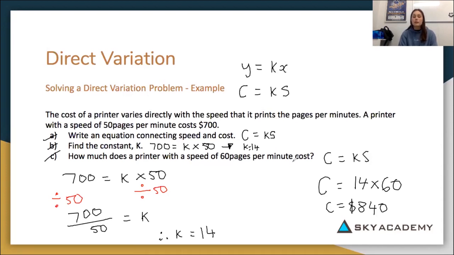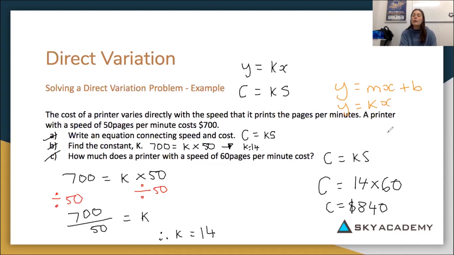And the reason why direct variation is in this linear relationships topic is because if you write out the gradient intercept formula, where y equals mx plus b, and we write out our formula for direct variation, where y equals kx, we can see similarities.